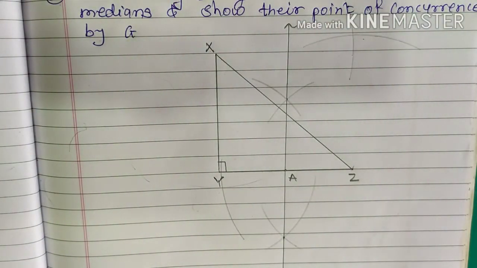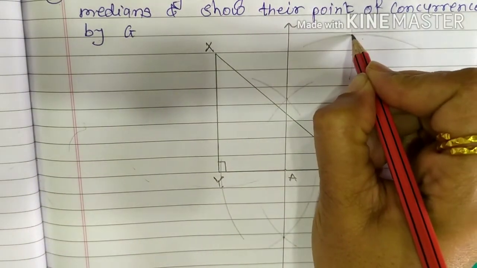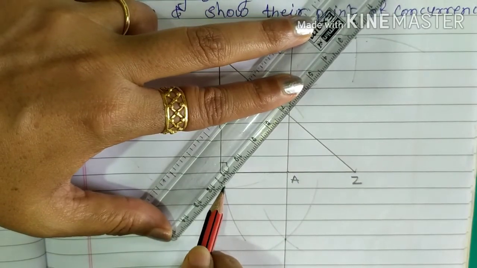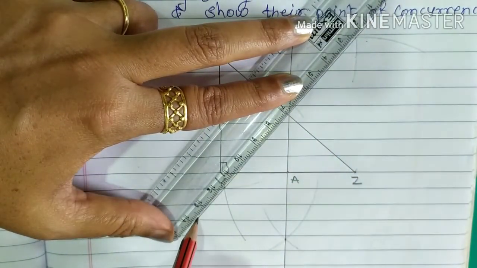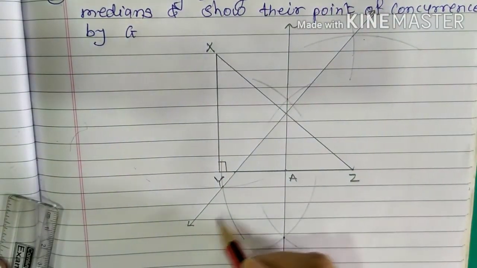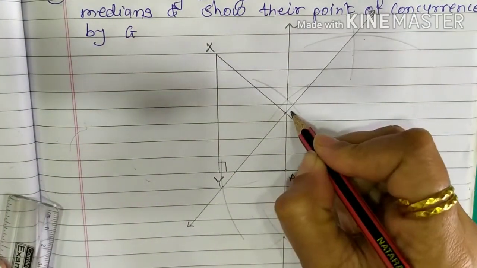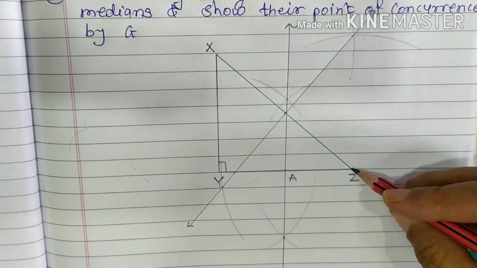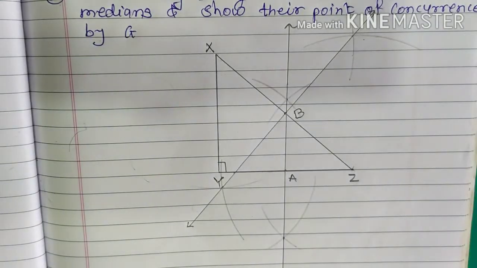Then join these 2 points. This is the midpoint of that segment XZ or side XZ. This is the point B.